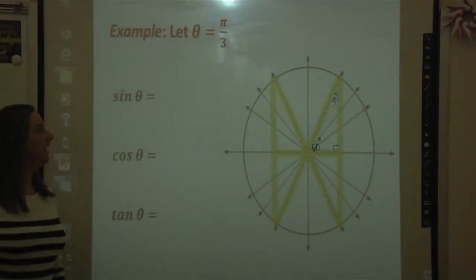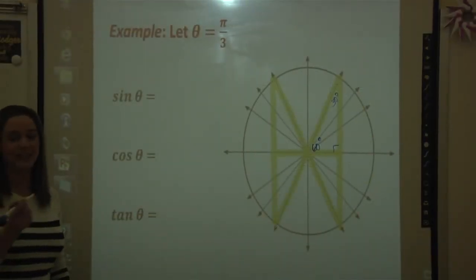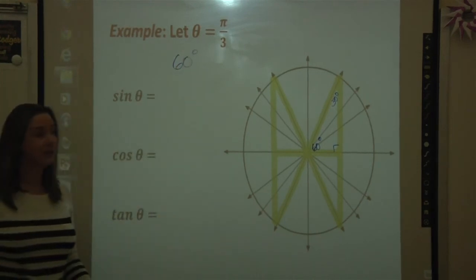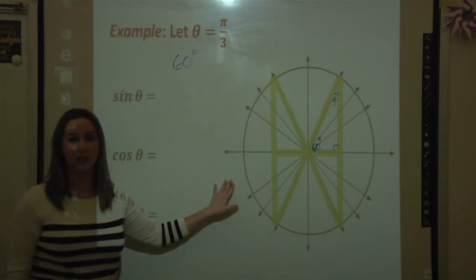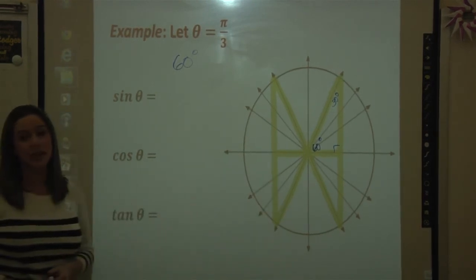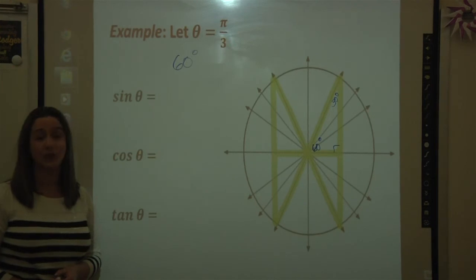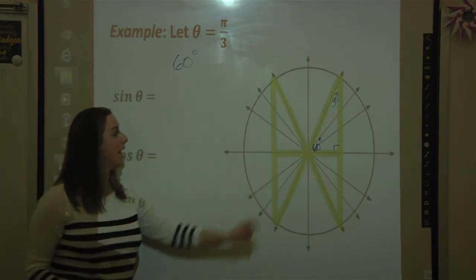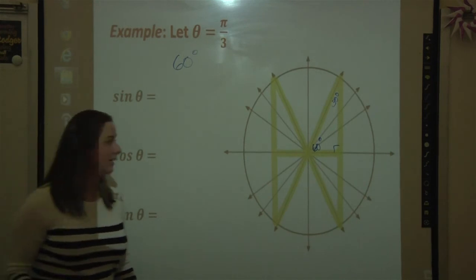Let's now look at pi over 3, which is 60 degrees. Again, we're going to build the coordinates on our unit circle and eventually make up all the coordinates on the unit circle using our 45, 45, 90 and our 30, 60, 90 triangles. So if we think about 60 degrees or pi over 3, we can connect this.